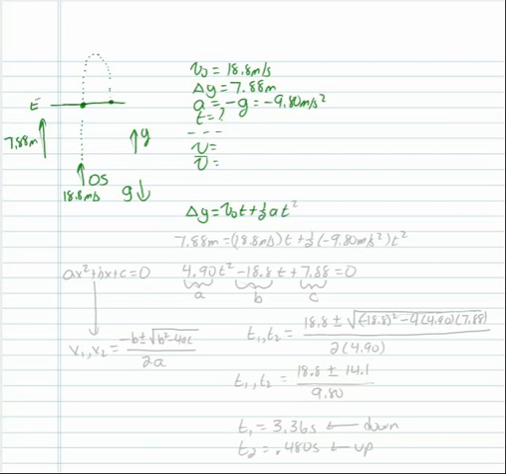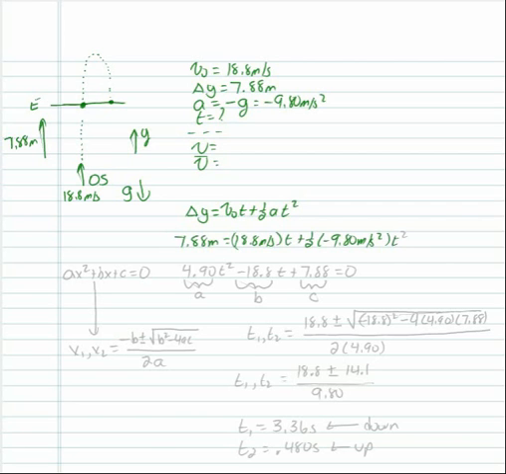Let's just substitute them in and see what we have. 7.88 meters equals 18.8 meters per second t plus 1/2 negative 9.80 meters per second squared t squared. We have all non-zero terms, therefore we are going to have to deal with quadratics.